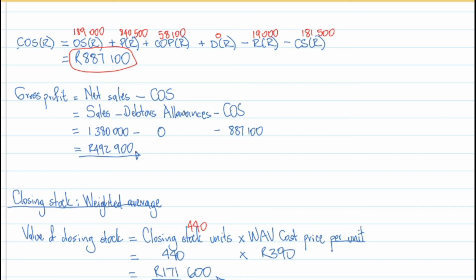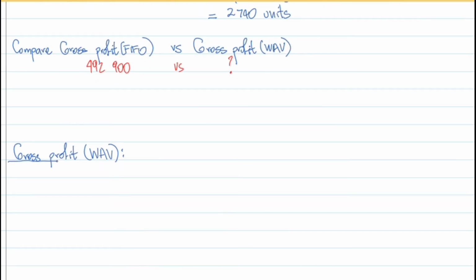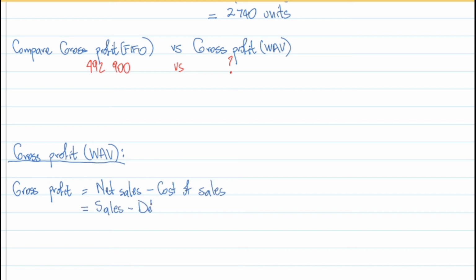Since we already have the gross profit under the FIFO method, let's calculate the gross profit under the weighted average method. Gross profit is equal to net sales minus cost of sales. This equals sales minus debtors allowances minus cost of sales.